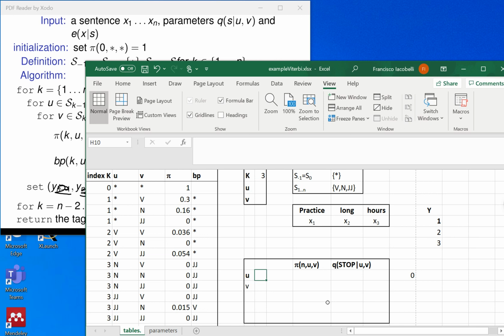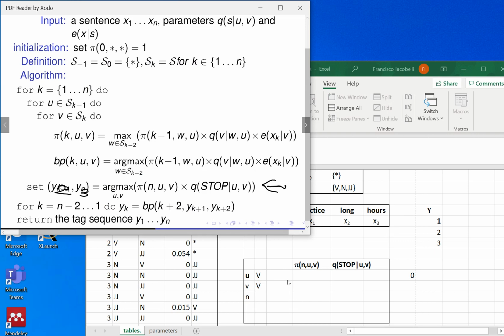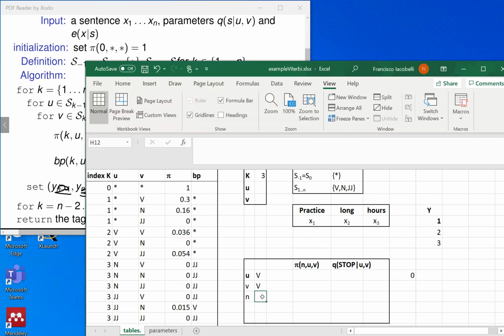So u is going to be v, v, and n here. Remember, n is 3 because that's where we stood. So I'm going to look at pi of 3, v, v. If I don't find it here, it's because it was 0.